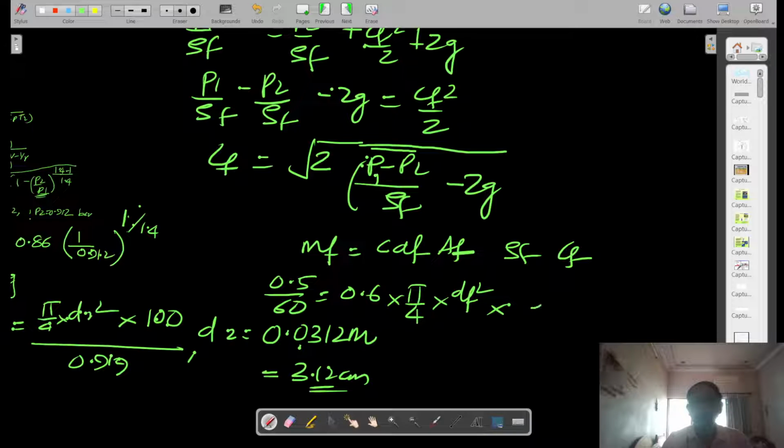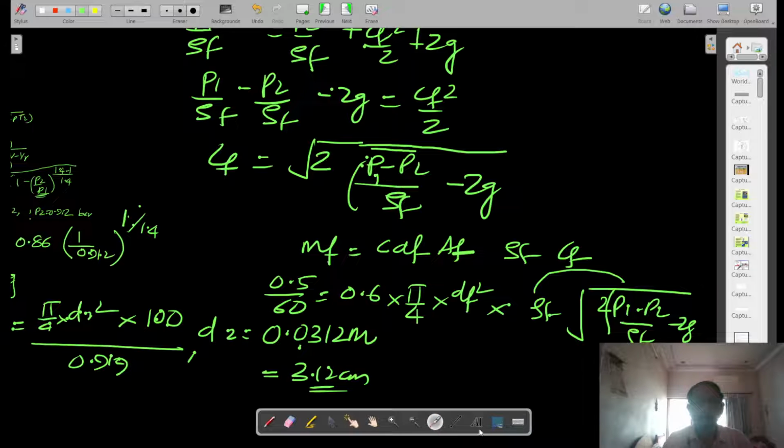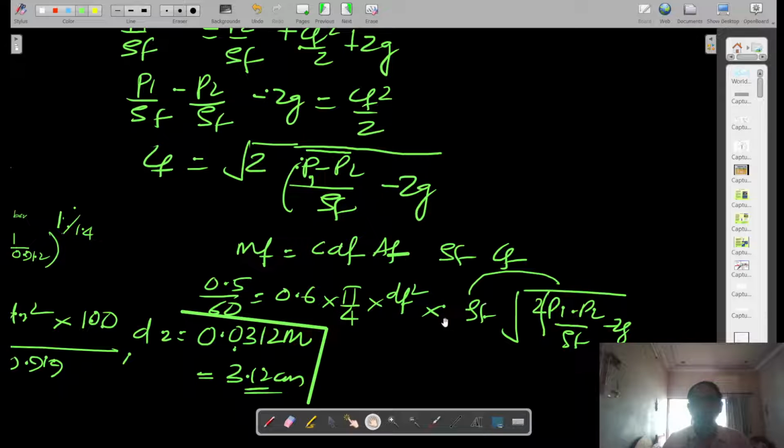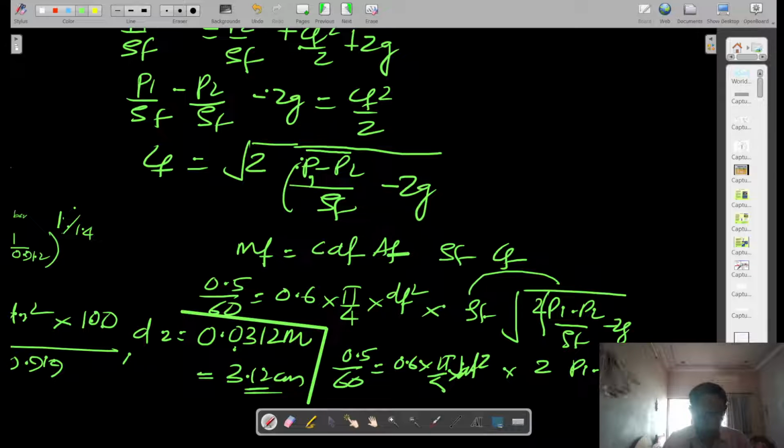If I take rho f inside the square root, what I get is 0.5 by 60 equals 0.6 into pi by 4 into df square into the square root of 2 times (P1 minus P2) minus Zg times rho f.